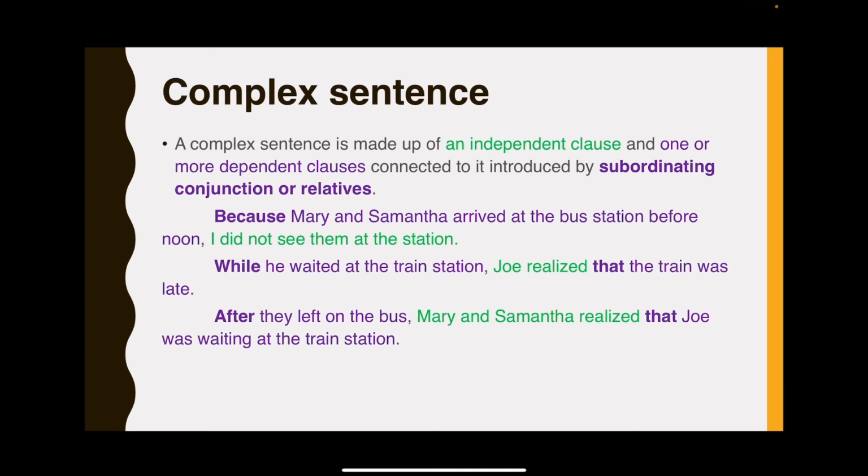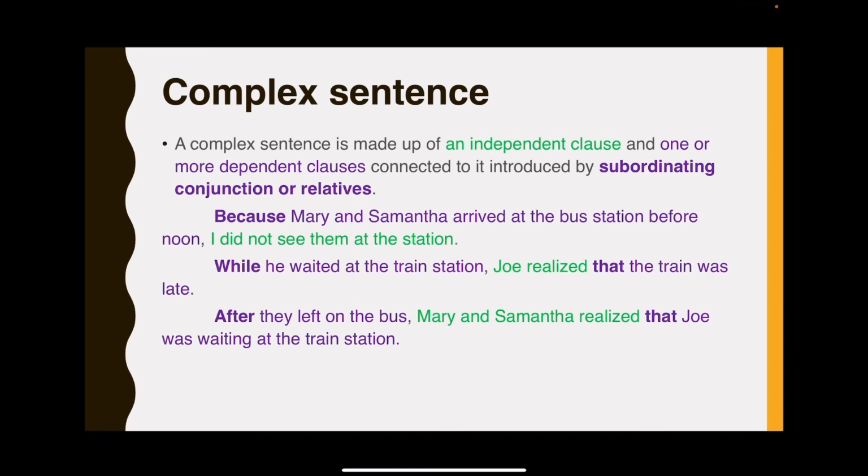The next one, after they left on the bus, Mary and Samantha realized that Joe was waiting at the train station. So the third one is exactly the same way as the second sentence, because we have two dependent clauses and we have at least one independent clause here in this sentence, and this is called a complex sentence. So once again, don't forget that if it is a complex sentence, what we need is one independent clause and one or more dependent clauses.